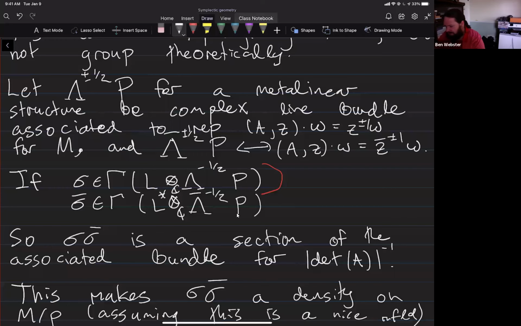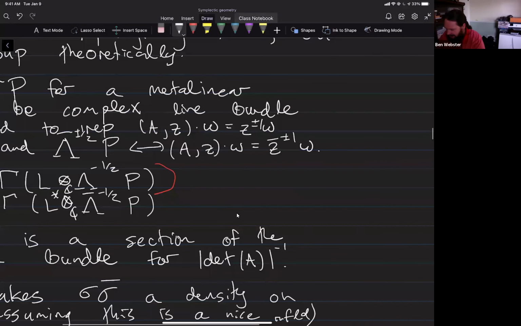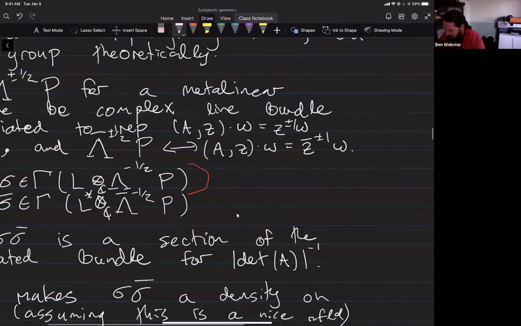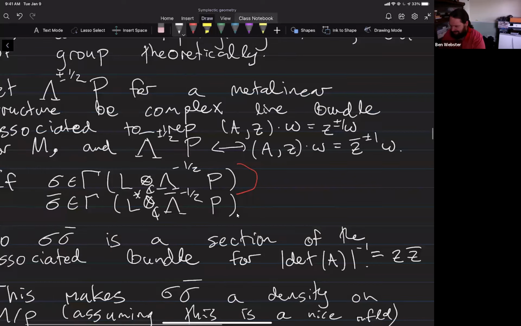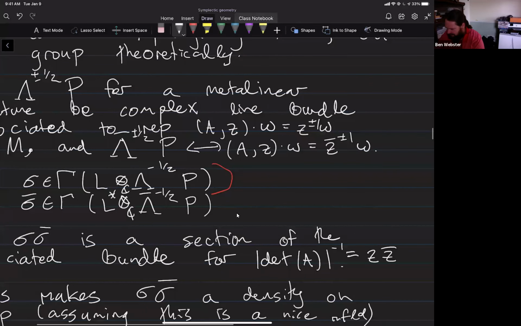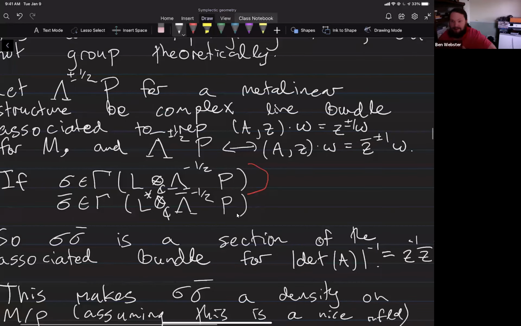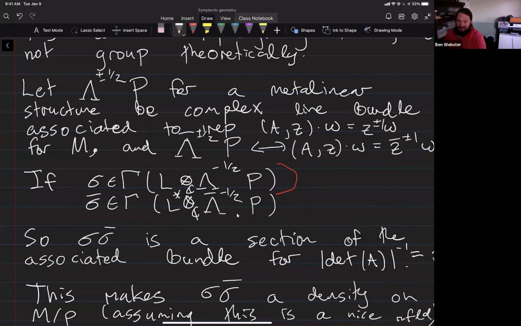So when I multiply those two together, I get a section of the associated bundle where I act by Z inverse times Z conjugate inverse, which is the absolute value of the determinant inverse.